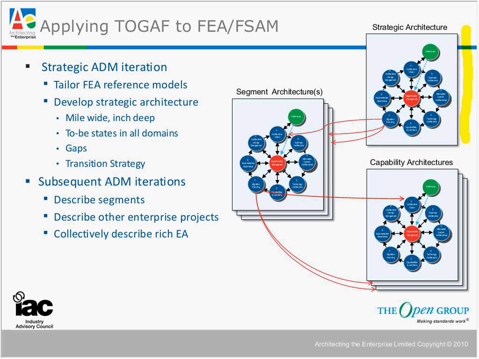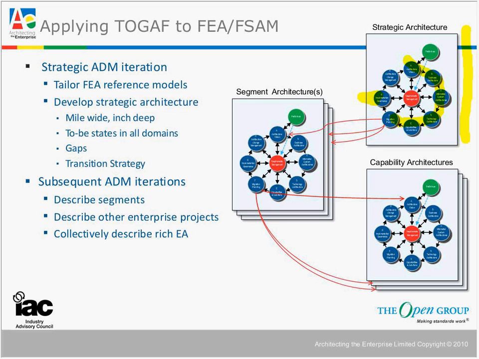Basically we're going around the ADM, but only this far because we're not actually implementing anything, which would happen here. So we do that strategic architecture, and then we move on and do segment architectures.